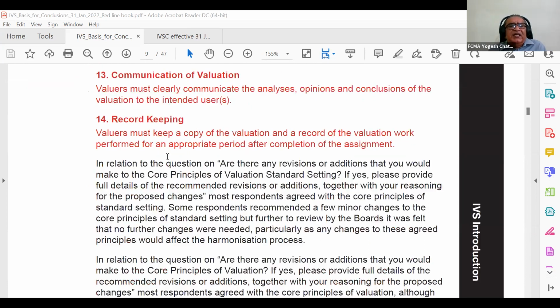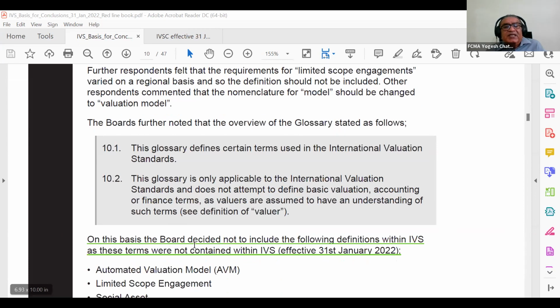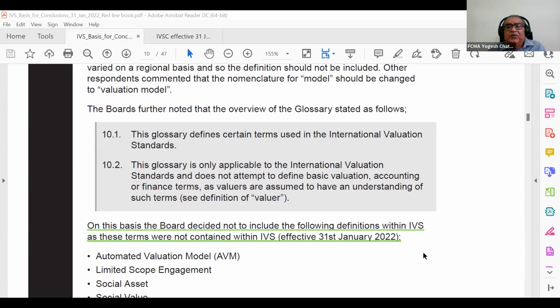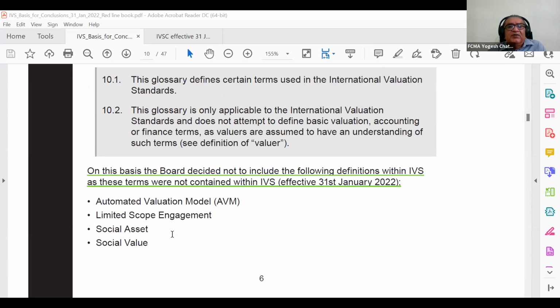Apart from this, we have seen this earlier also. On the basis of the above, the board decided not to include the following definitions: automated valuation model, limited scope engagement, social asset, social value. So all these are not a part.